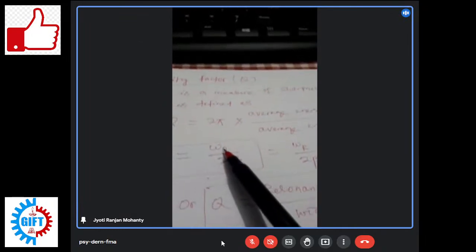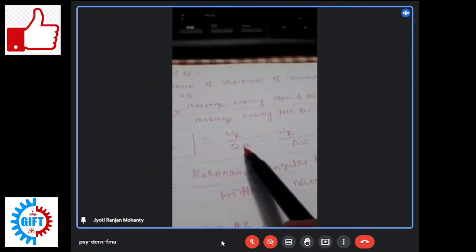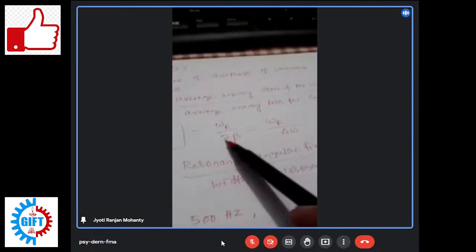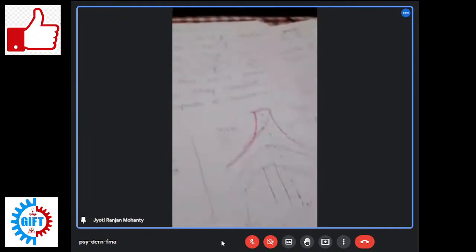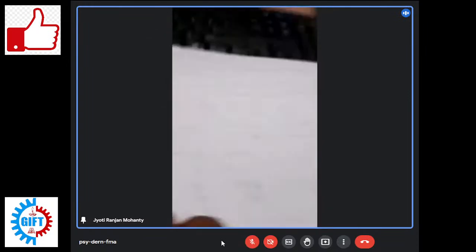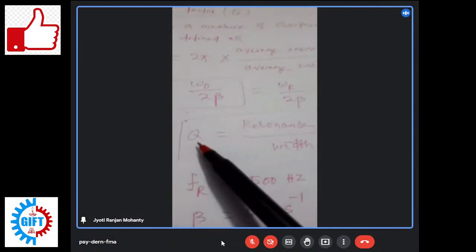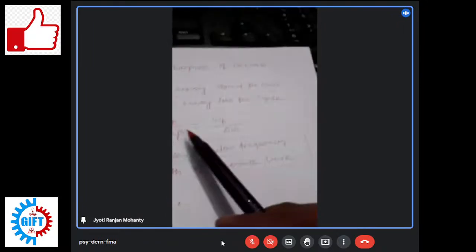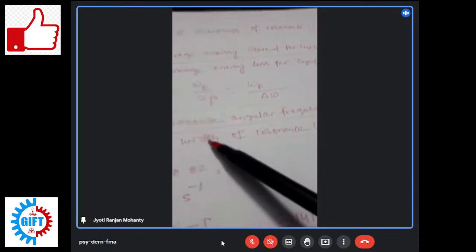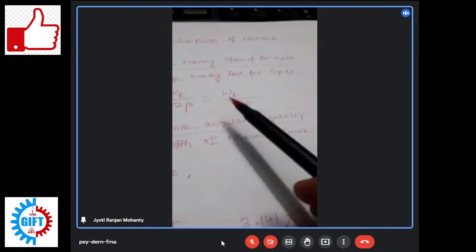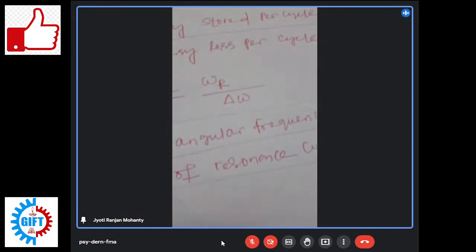We know at resonance omega naught is equal to omega r, so Q is omega r by 2 beta. 2 beta is equal to del omega, as I told you today. So Q is equal to omega r, the resonance angular frequency, divided by del omega, the width of the resonance curve.